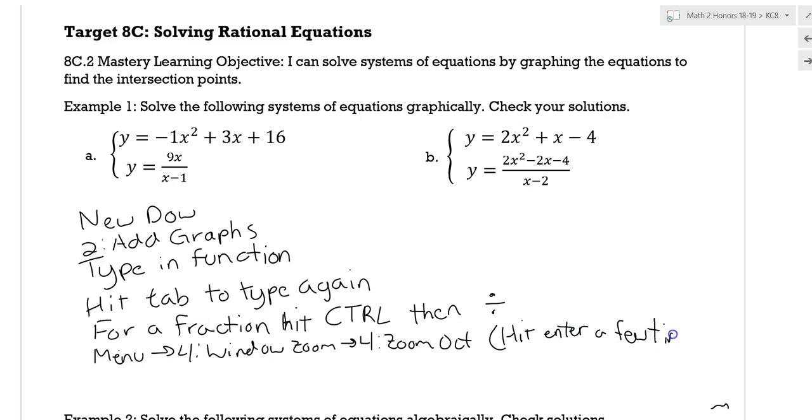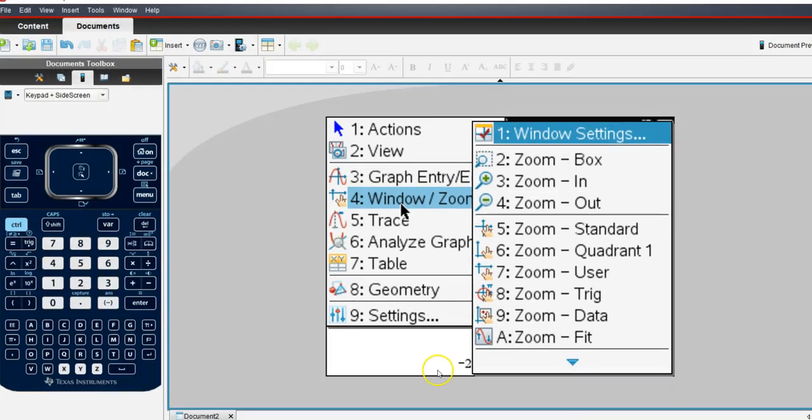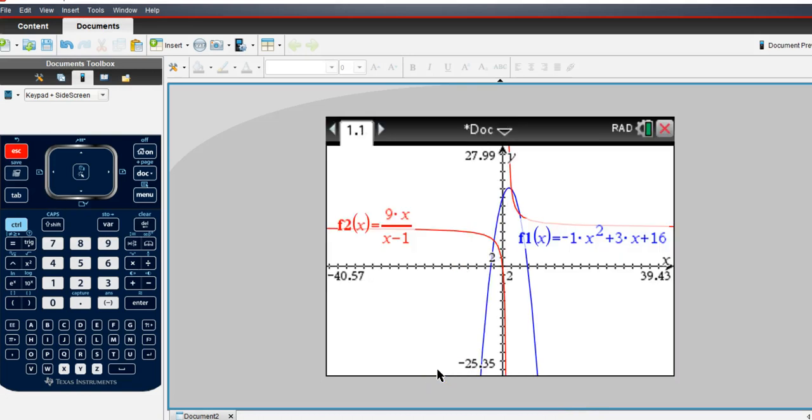And I say a few, it's just till you're certain there's not going to be any other mysterious intersection points out there, okay? So, here I can see this one's done. There's not really going to be anything else out here. It's just a lot of white space.